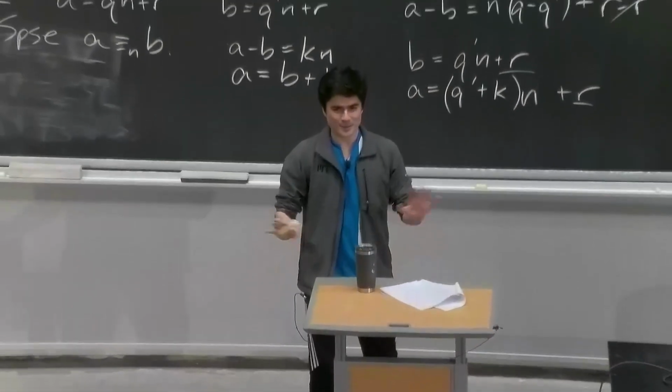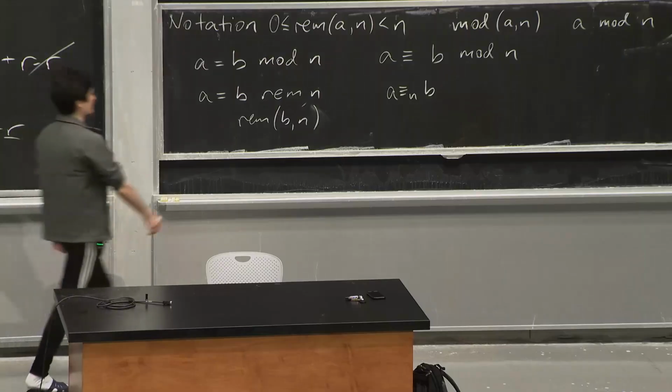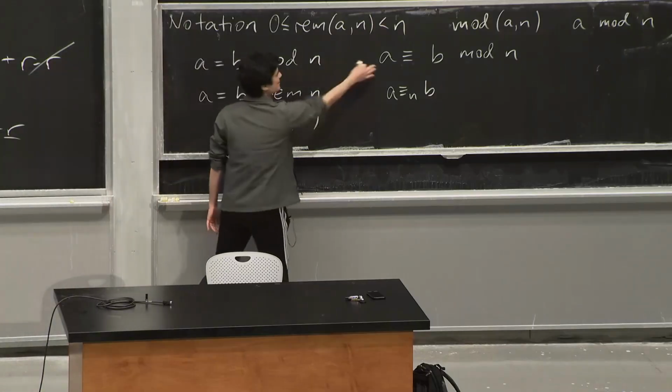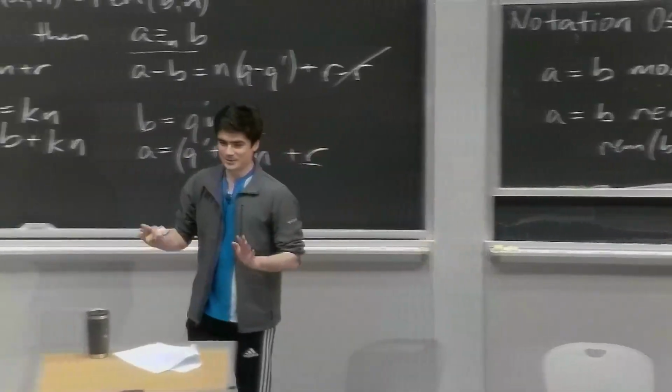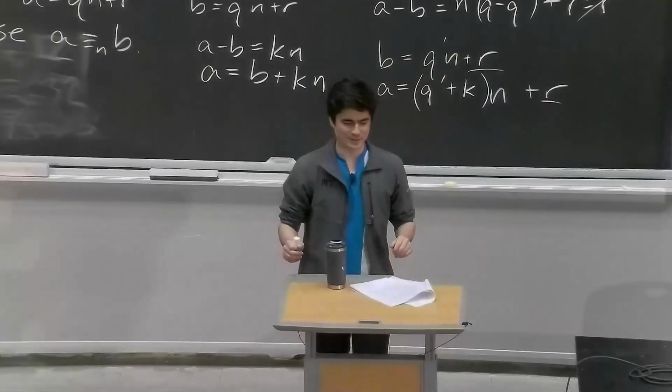So it's hopefully much more obvious what the distinction is between these two things than between these two things. So please use the ones on the bottom until you are very comfortable with modular arithmetic.